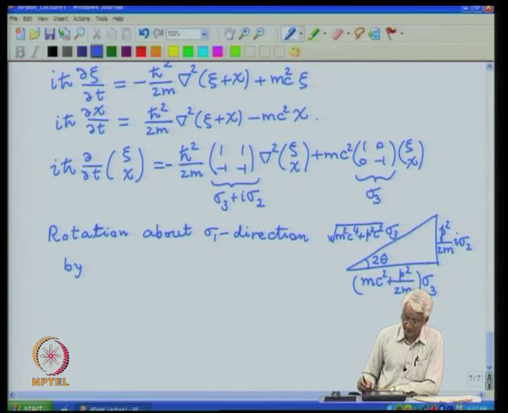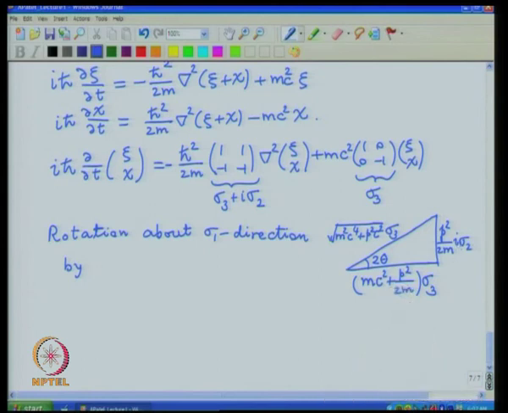But because we are dealing with a Lorentz transformation, it is not the trigonometric functions, but the hyperbolic functions that appear, and that is buried inside this little factor that there is an I accompanying sigma 2 and no I as such in sigma 3. So, the angle of rotation is a hyperbolic tangent inverse of the ratio of these two particular sides.